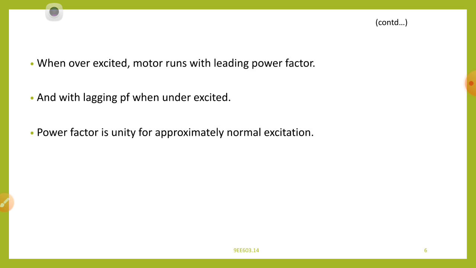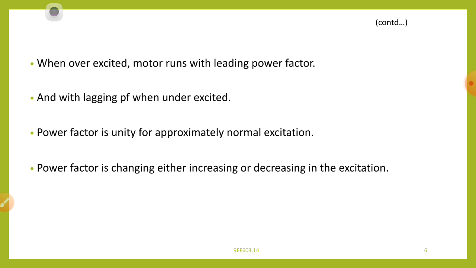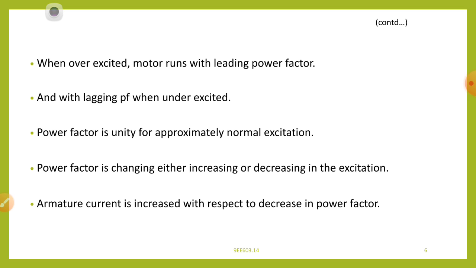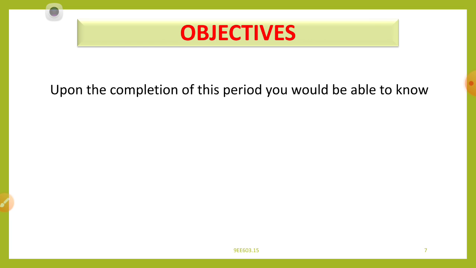The power factor is unity at approximately normal excitation to the rotor. Power factor changes, either increasing or decreasing, with the excitation condition. Armature current increases with a decrease in power factor. These points we have covered in previous classes.